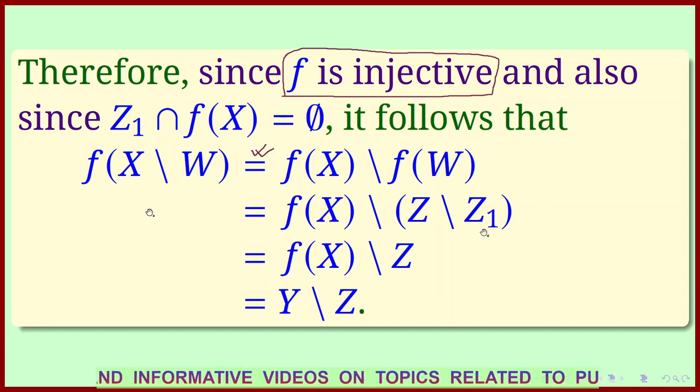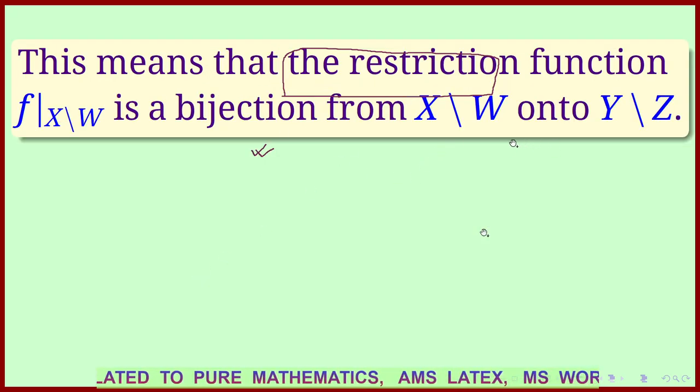So what does it mean then? It means that x minus w is actually bijective to y minus z under the map f, more precisely under the restriction of f to x minus w.